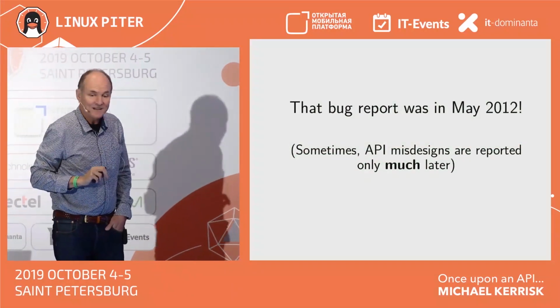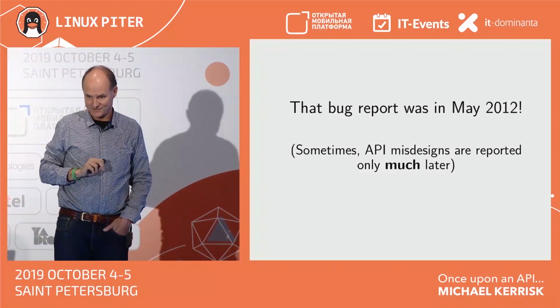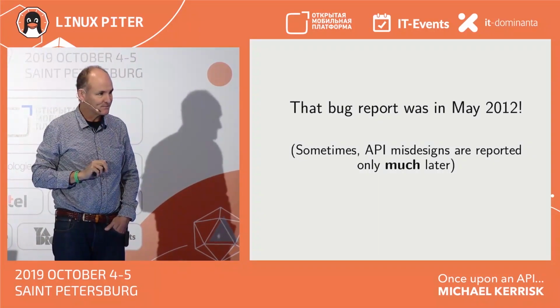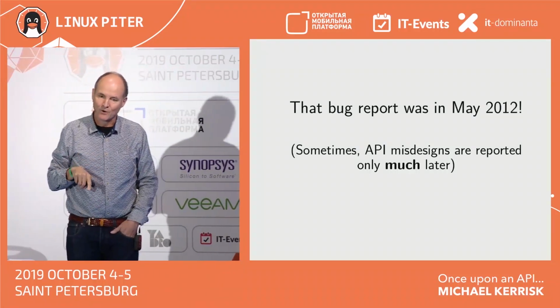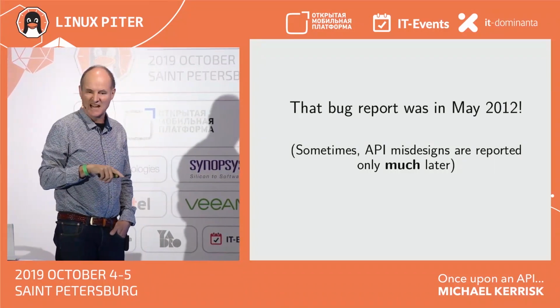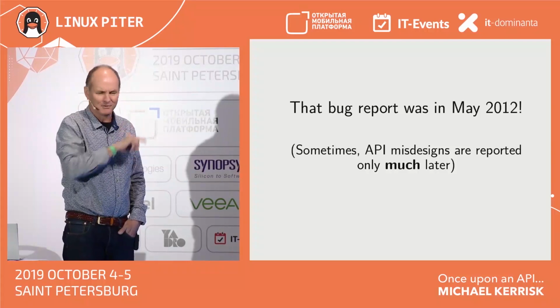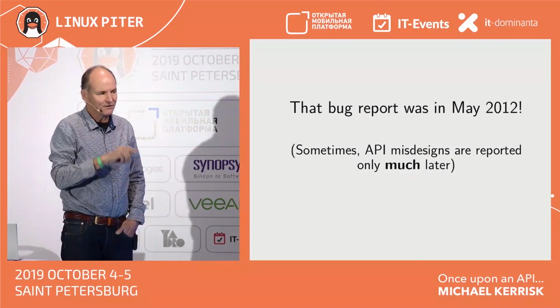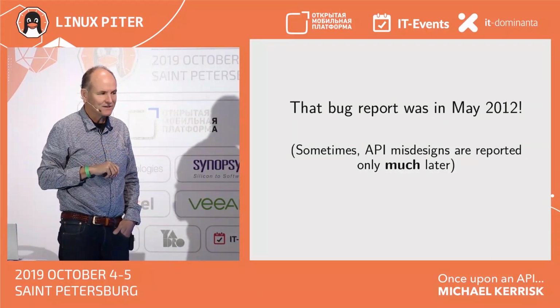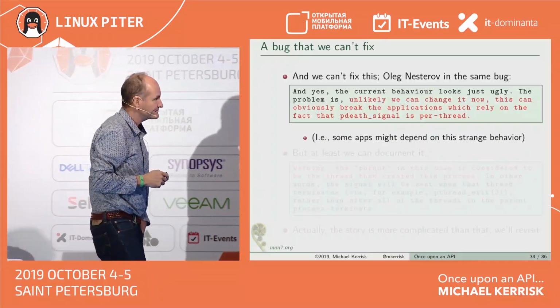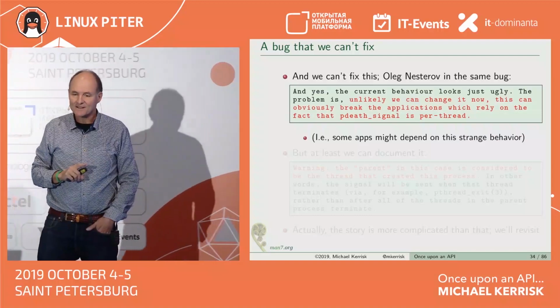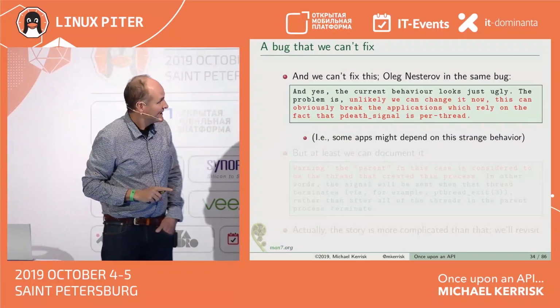That was in 2012, 15 years after the API was first implemented. It takes a long time sometimes before API misdesigns are reported. Maybe people noticed this earlier, but it never got fed back to kernel developers in any meaningful way until 15 years later. And the sad thing is, we can't fix this.